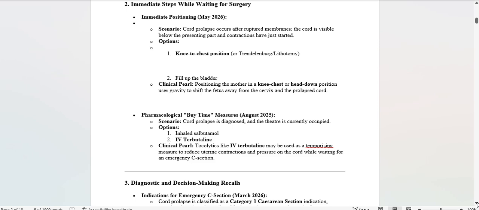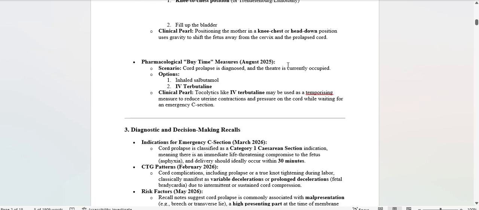That is a very good thing actually. In August they asked: cord prolapse is diagnosed and the theatre is currently occupied. What will you do? Inhaled salbutamol, IV terbutaline. Remember that terbutaline is a tocolytic agent, and salbutamol too, but they mention inhaled salbutamol.